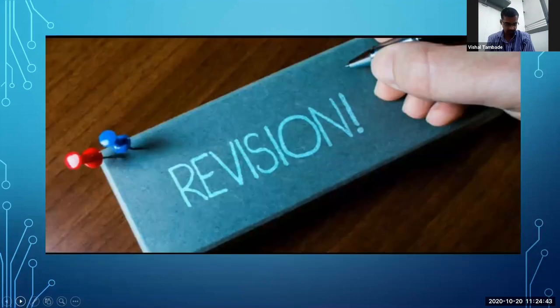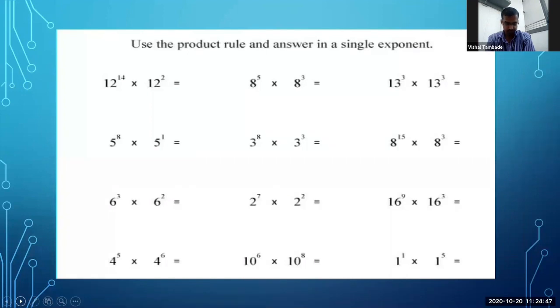Okay, next. Take a revision on our today's topic. Students, tell me the answer. 12 raised to the power 14 multiplied by 12 raised to the power 2. Use the law: a raised to the power m multiplied by a raised to the power n equals a raised to the power m plus n.